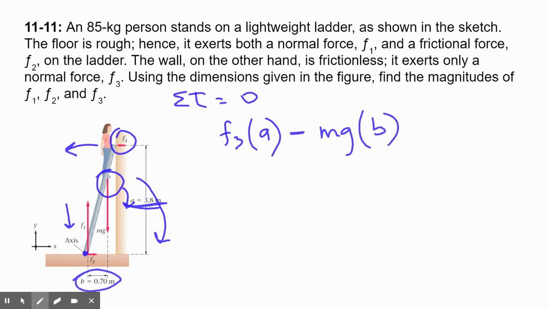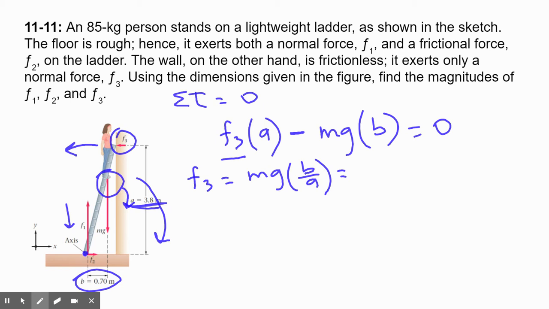Okay, so if we know that this equals 0, and we know all except F3, we can easily solve for F3. So F3 will just equal mg times B divided by A. We can plug in what we know.